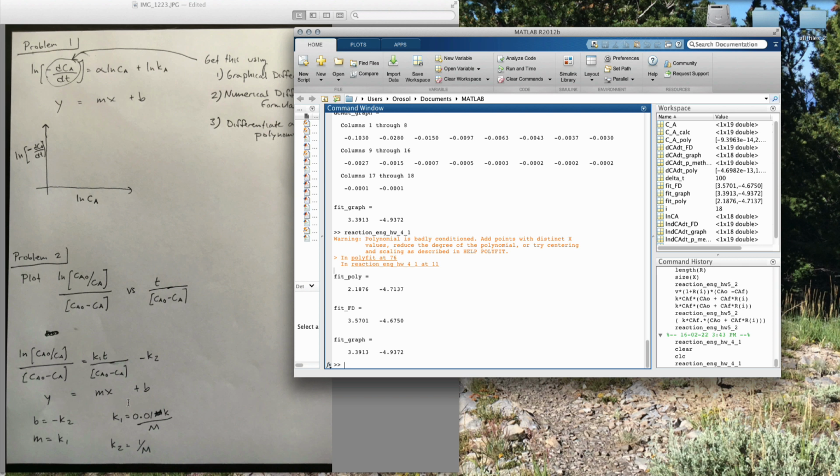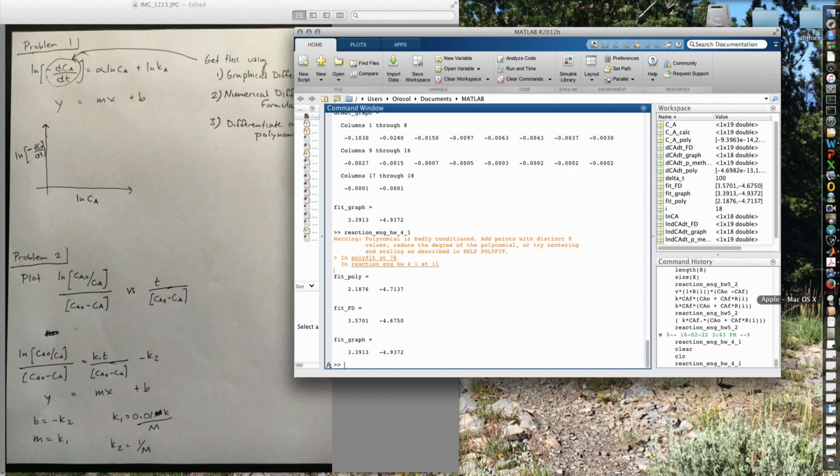Then we know that m will be equal to k1 and b will be equal to negative k2. And then we can calculate what the k and M were in the rate law that was given, because we had already said that k1 is equal to this and k2 is equal to this.